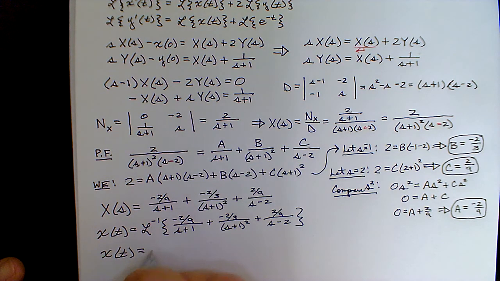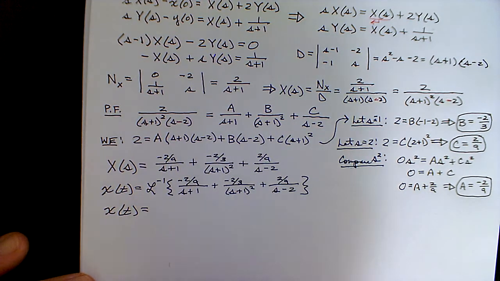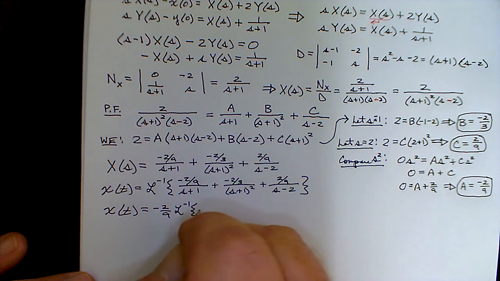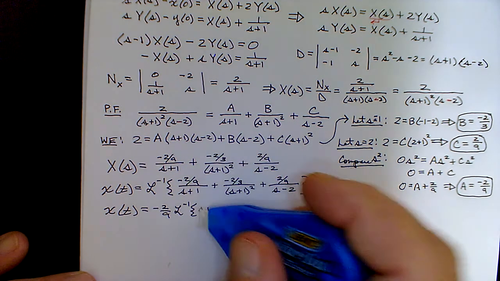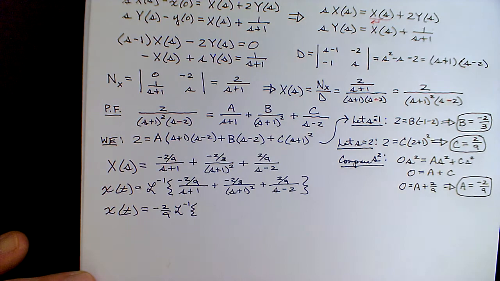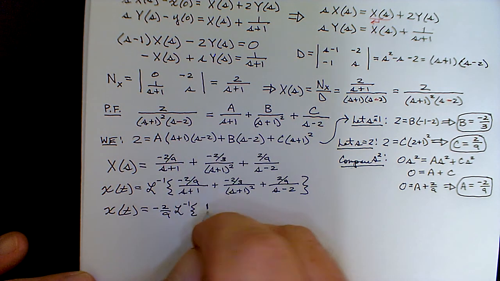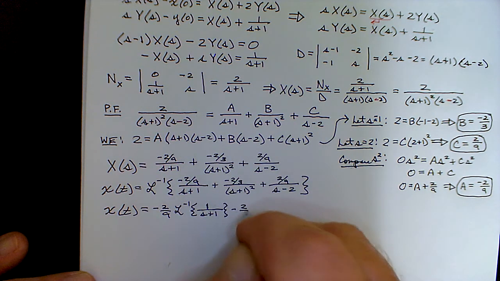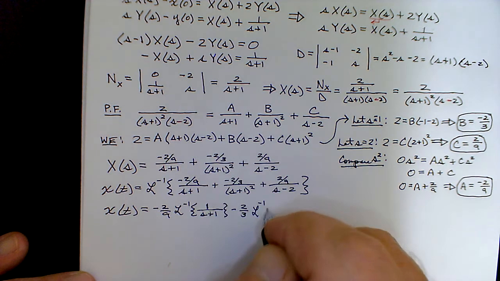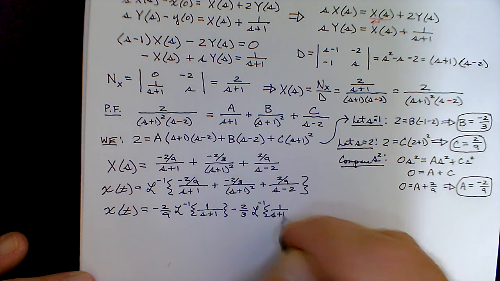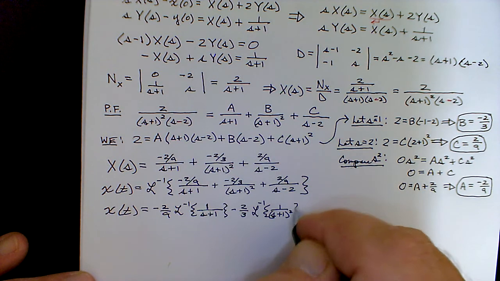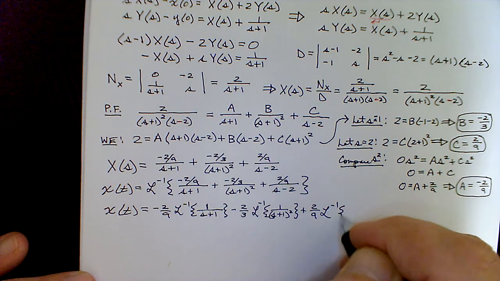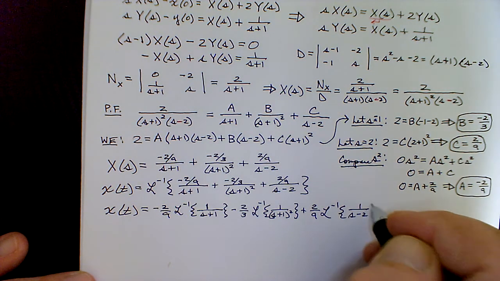Okay, so now x of t is, now the linearity property, minus 2/9 inverse Laplace of 1 over s plus 1, minus 2/3 inverse Laplace of 1 over s plus 1 as a quantity squared, and then plus 2/9 inverse Laplace of 1 over s minus 2.